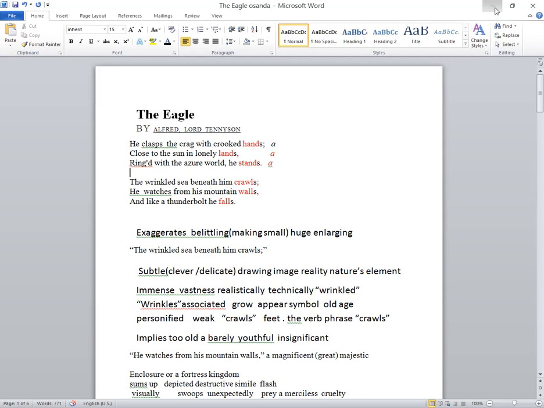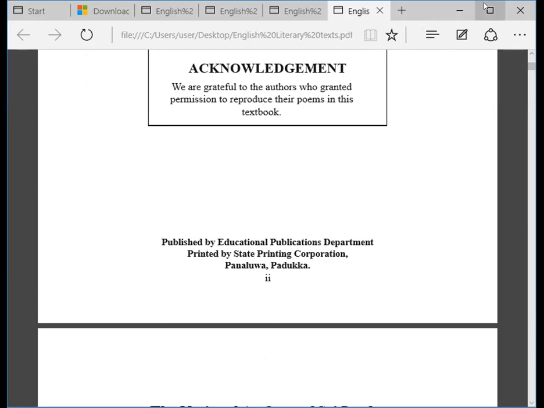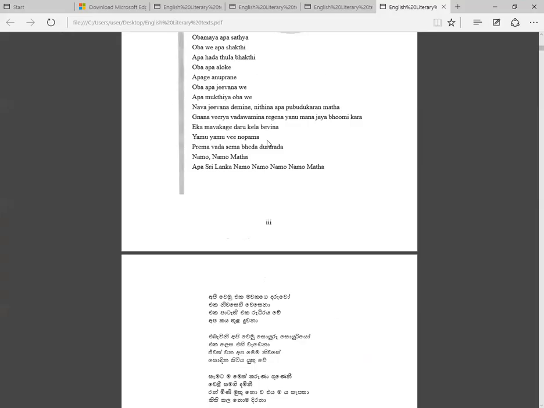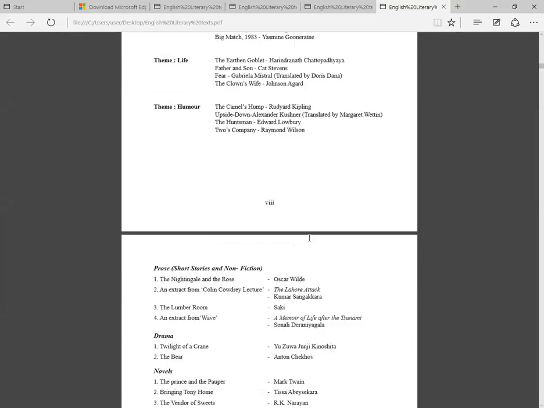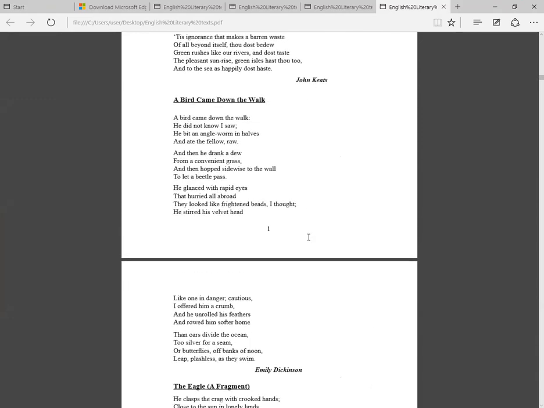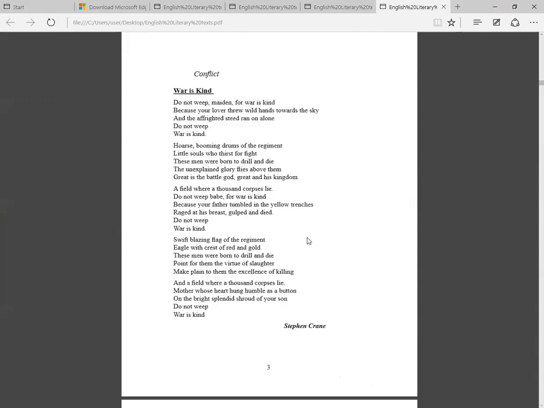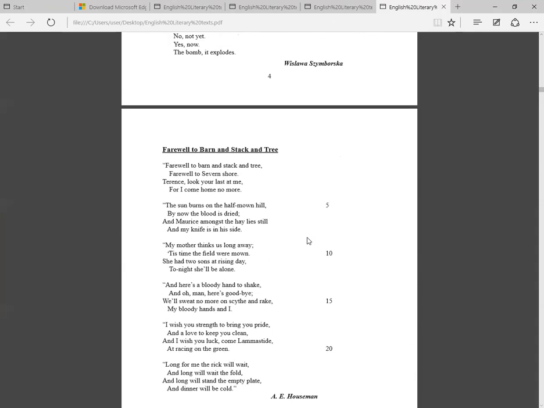Okay, sir. Right. Now this is the poem. Now you know it has regular versification. Now we are going to find out the rhyming pattern and rhyming words.